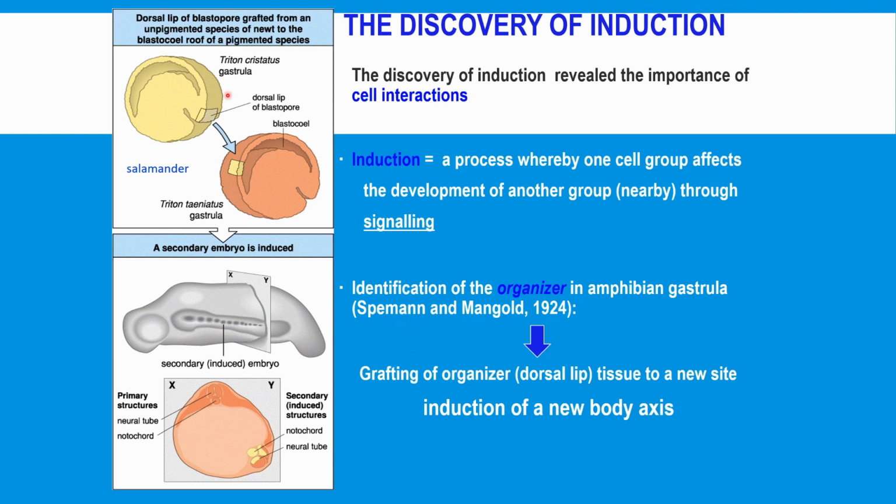And then by taking all these different parts and doing the experiment, they found that this part around the blastopore was very important. And this became known as having an organizer function, that it could organize surrounding tissues, or it became known as the organizer.